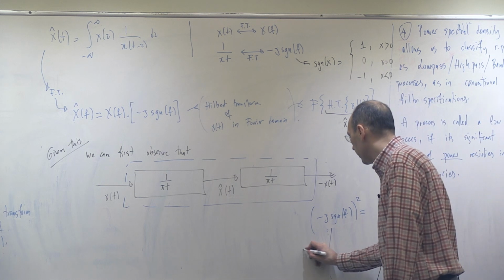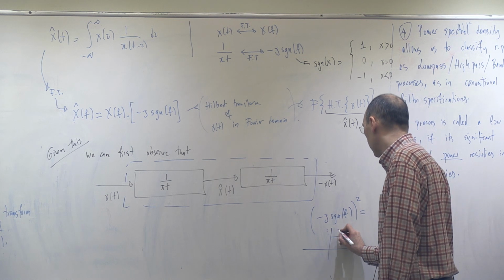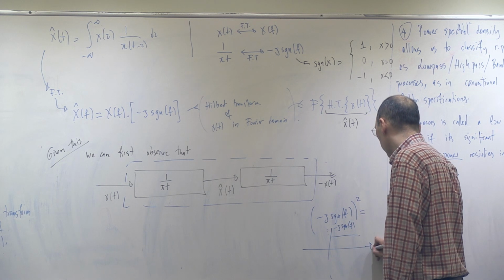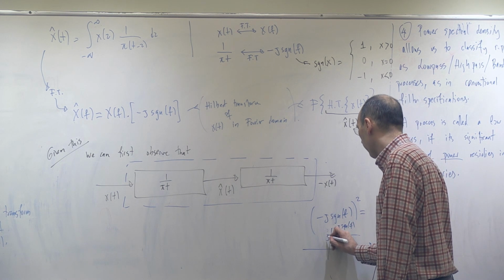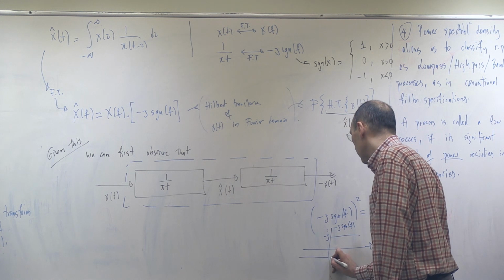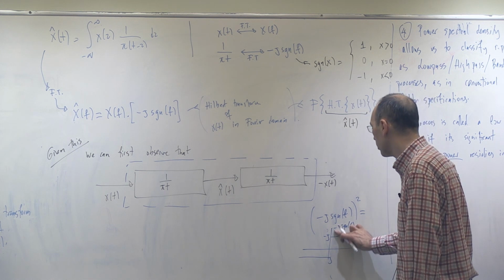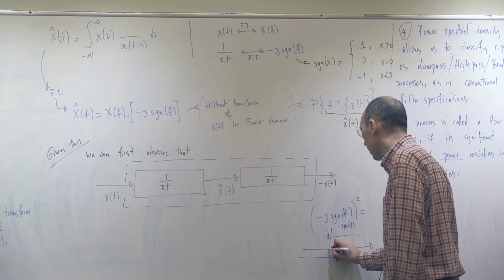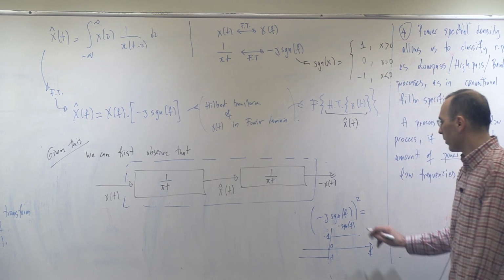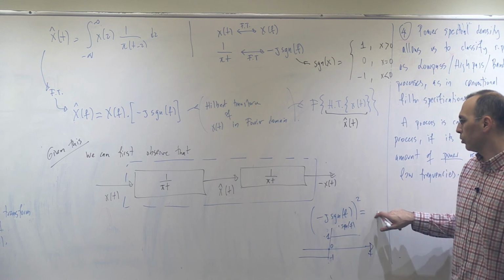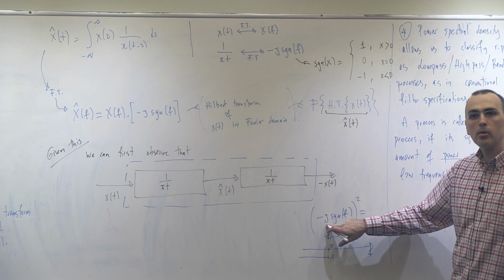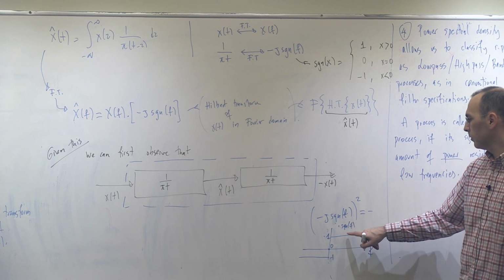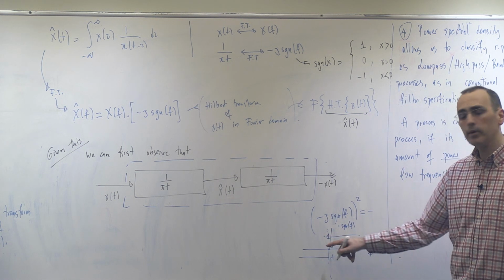It's a little difficult to write this, so let me write just signum because it's complicated. Minus j squared is equal to minus 1, j squared is equal to minus 1, and signum f squared is equal to, whatever the value of f is, always 1 except at 0.